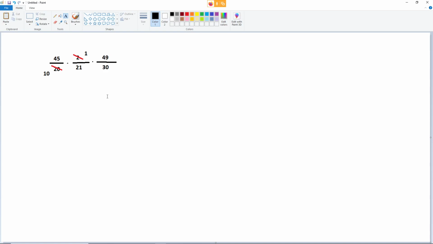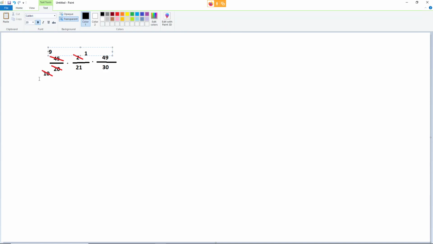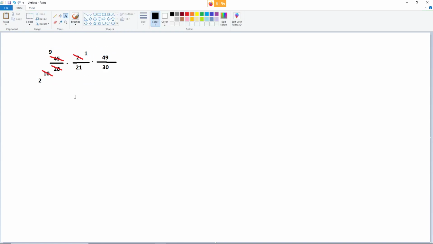Then second, I look at 45 and I look at 10. Hey, wait a minute. They both can be divided by 5, right? So I would just go ahead and do that. I'll divide this by 5 and also this by 5. So this will become 9 over 2, right? So 2 cannot go into 9. 2 cannot go into 49.